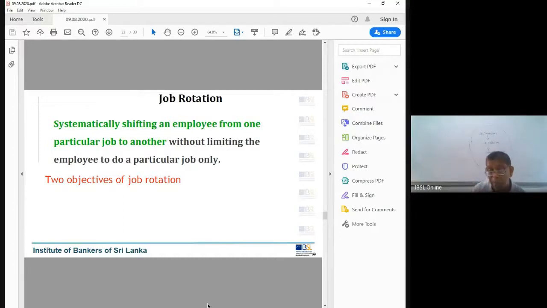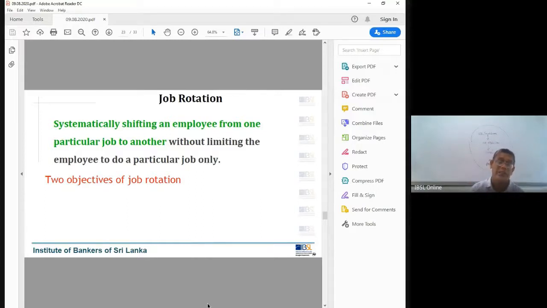If you are working in a bank, right, it's a very famous thing, it's compulsory. It is systematically shifting an employee from one particular job to another job. Right? So that is job rotation. It is a must according to the Central Bank of Sri Lanka as our regulator.